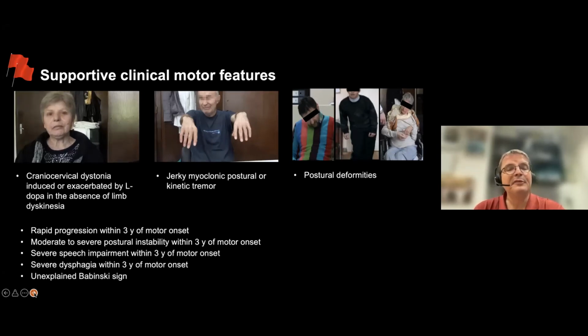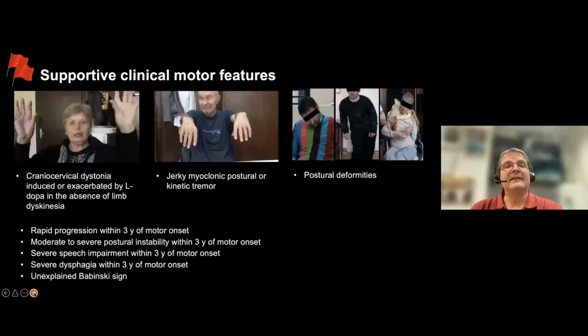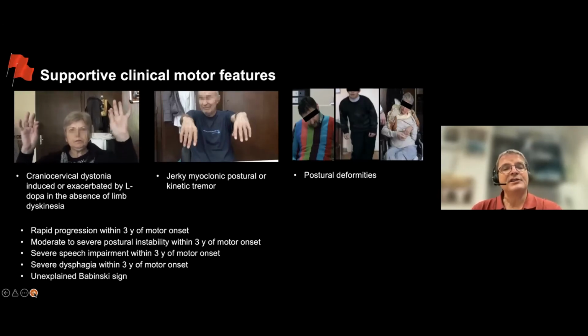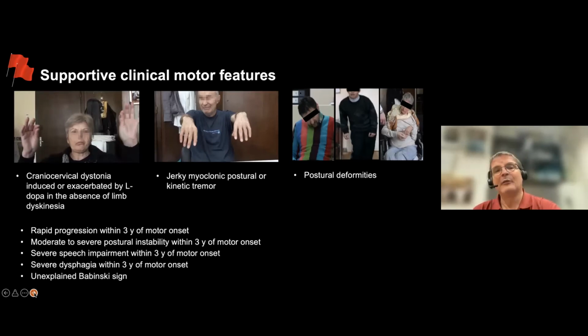These lower facial and neck dystonic contractures can be induced or exacerbated by levodopa, and usually they occur in the absence of limb dyskinesia. The latter are more characteristic of Parkinson's disease.